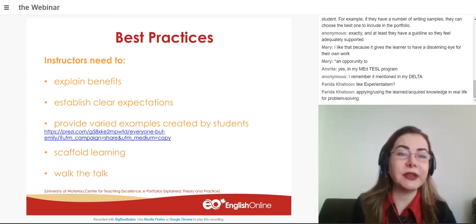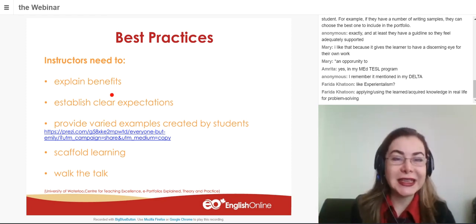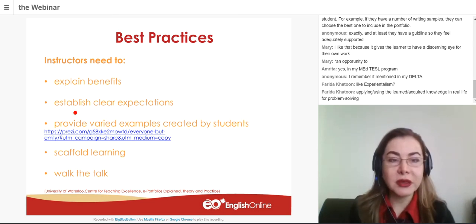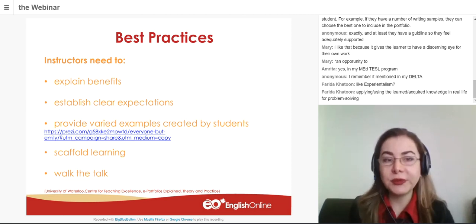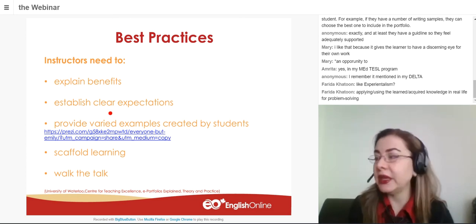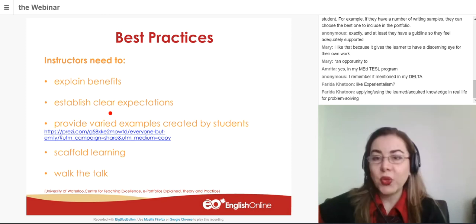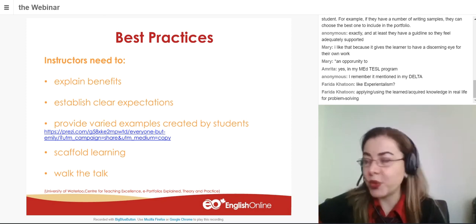Actually, the benefits will be highlighted in a couple of slides later. It's very important for the learner to know what could be of use for him or her when they use e-portfolios.